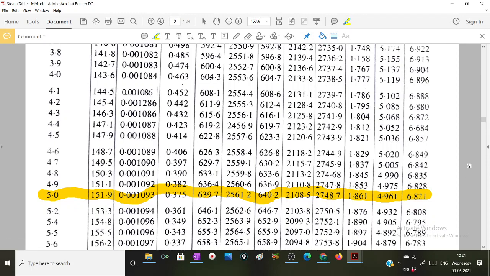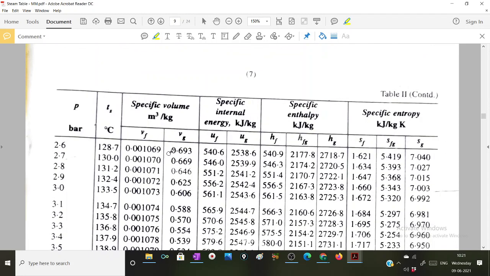Second property, as you can see here, is Vf and Vg, that is the specific volume of dry saturated water and the specific volume of dry steam, then specific internal energy, specific enthalpy, and specific entropy.